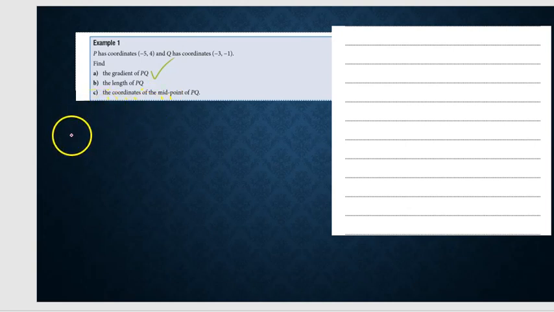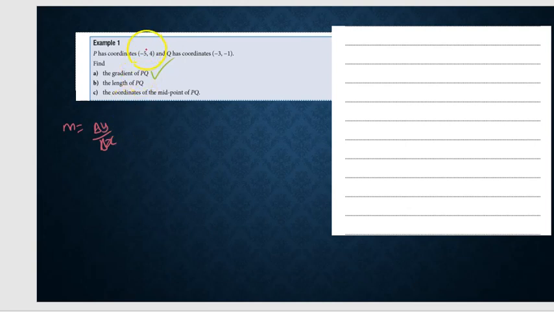We want to find the gradient of PQ. So gradient m, gradient is always written as small m. Capital M will represent the midpoint. So the gradient will be change in y over change in x, right?